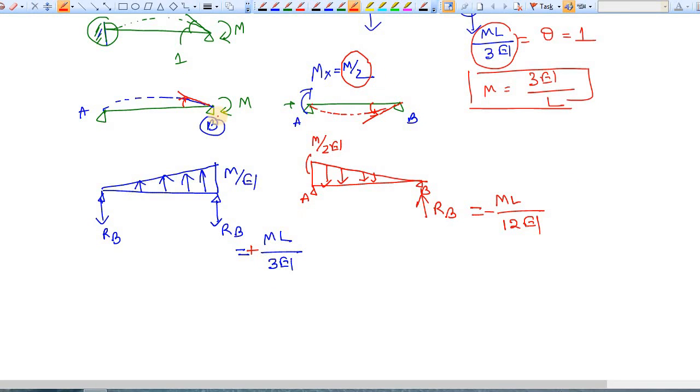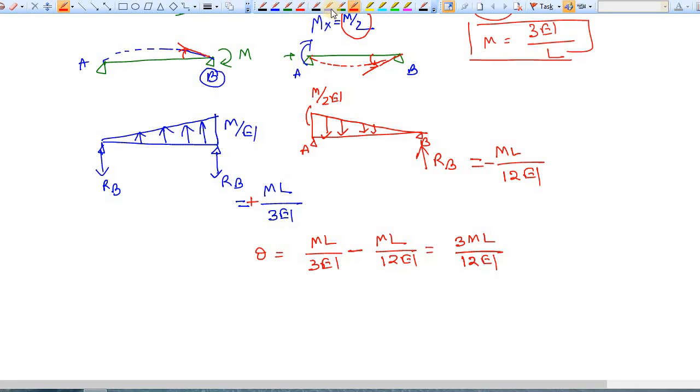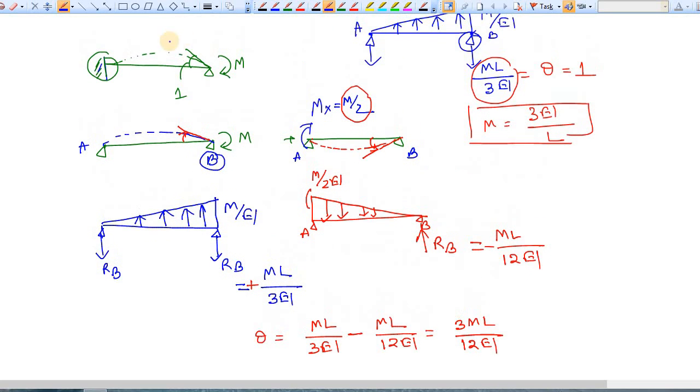So the total slope at B is coming as ML by 3EI minus ML by 12EI, which gives us 3ML by 12EI. Again we have to make theta at this point.